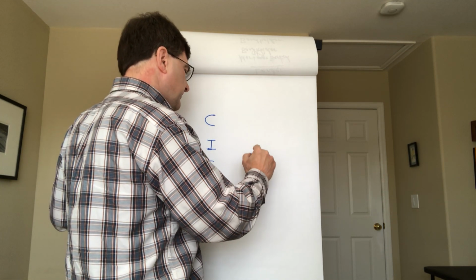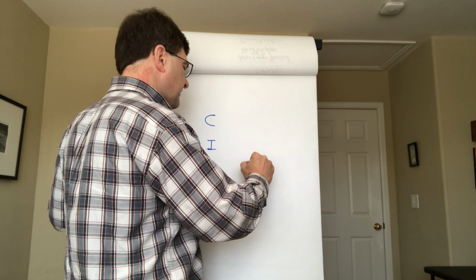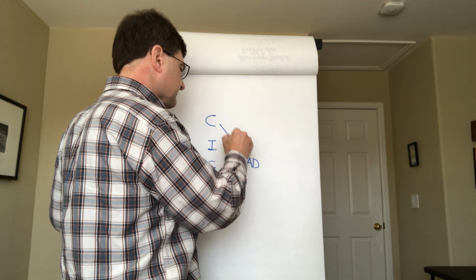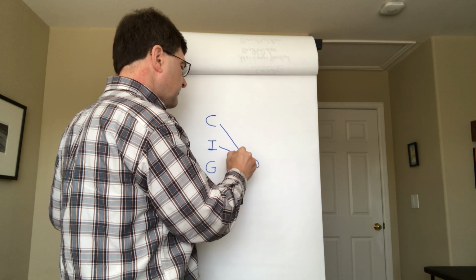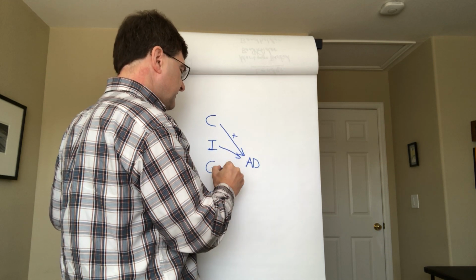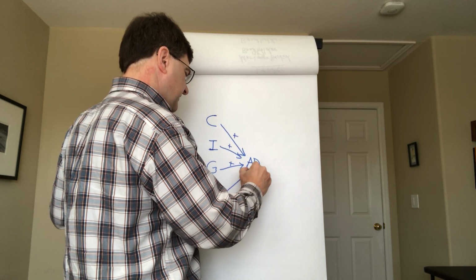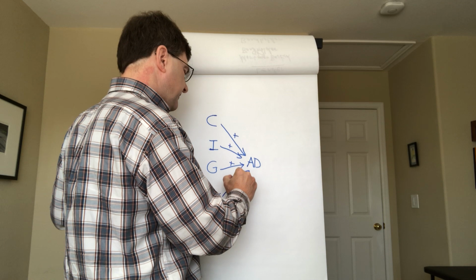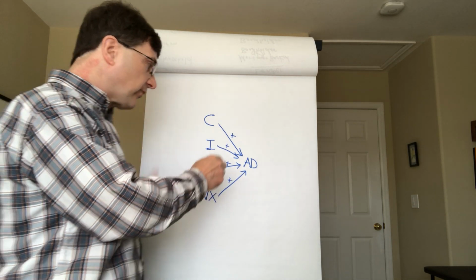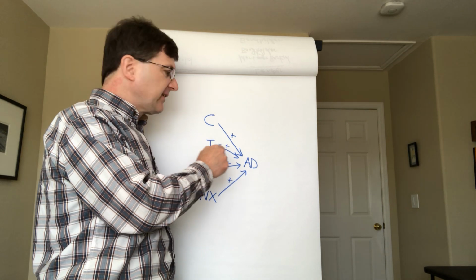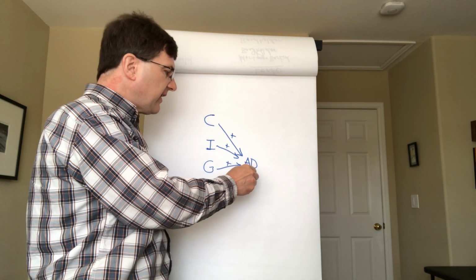So these are components of aggregate demand. I'll have an arrow here with a plus sign, because aggregate demand goes up when any of these things goes up. And here, when I talk about aggregate demand, I'm really talking about intentional investment.